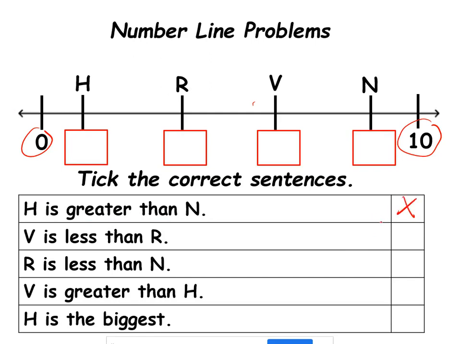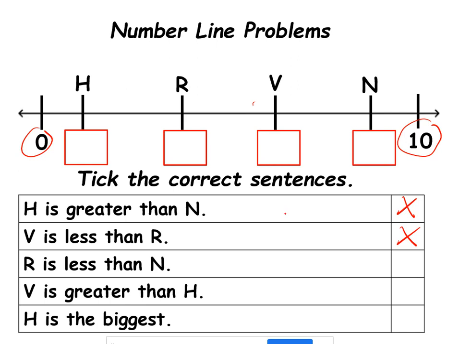If V is less than R, V is close to 10, and of course is greater than R. So that's wrong.